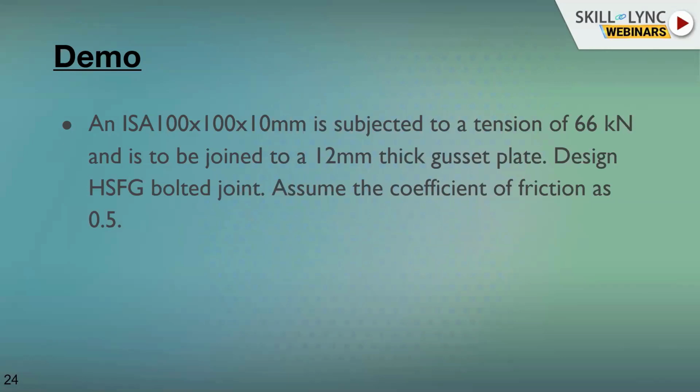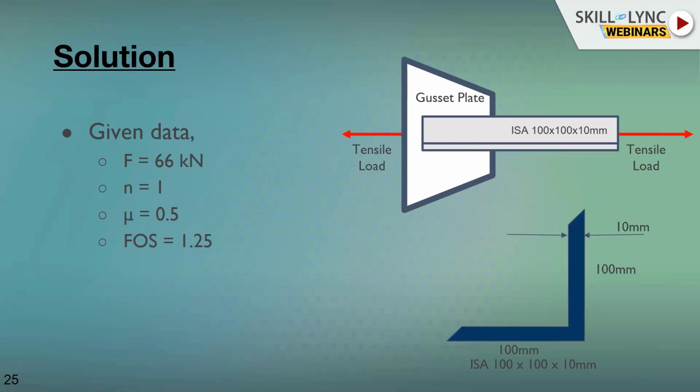Next slide, please. The formula we have already seen. The total F, that is the tensile load acting, is 66 kilonewton. It's given. Here I have given N equal to 1. Can you guess what N is? N is the number of shear planes.